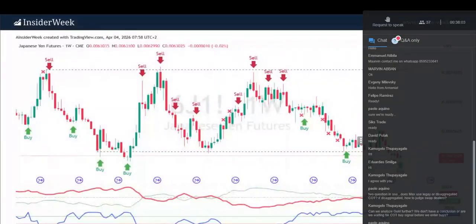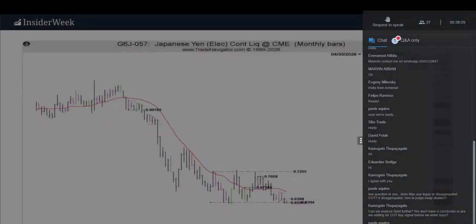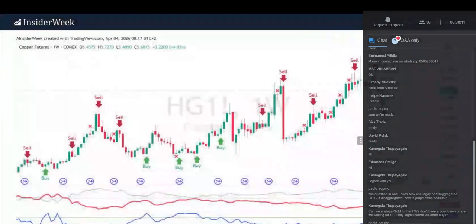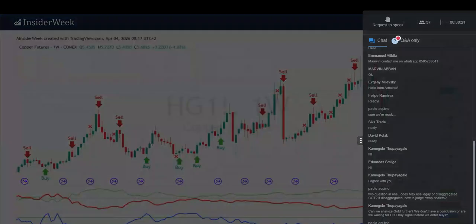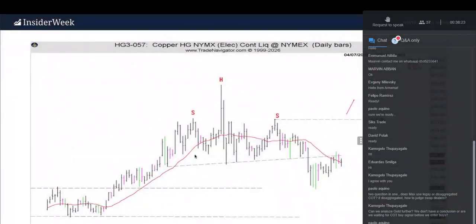So let's have a look at Japanese yen. I already analyzed Japanese yen. Therefore, I want to analyze other markets here. Let's have a look at copper. In copper, we have a buy signal. And if I take a look at the daily chart, I see here also a shoulder, head, shoulder, neckline. So a breakout under this line.